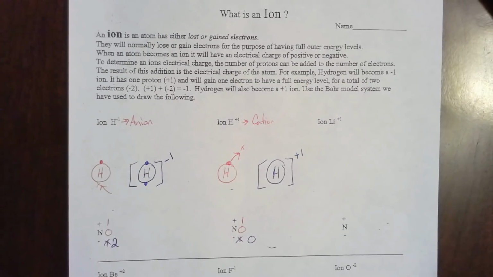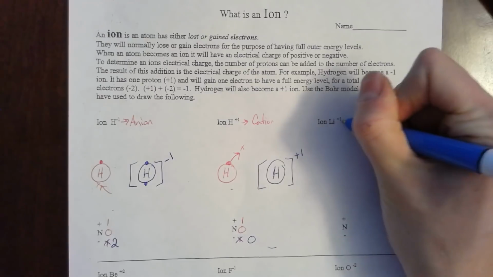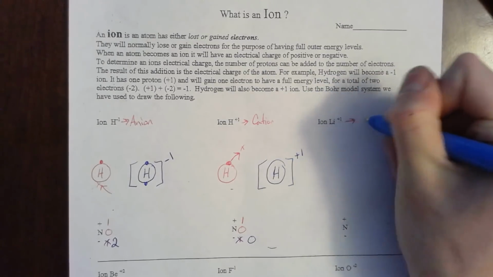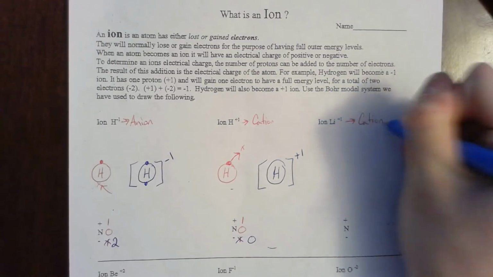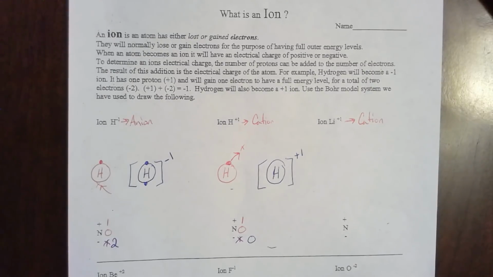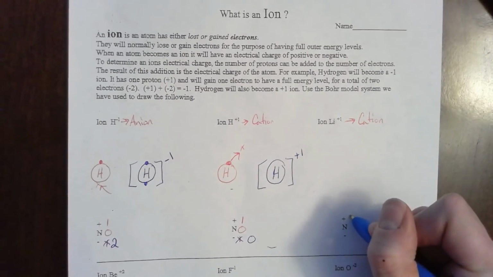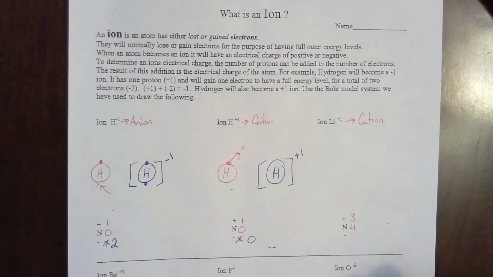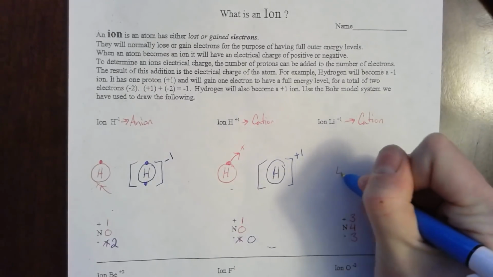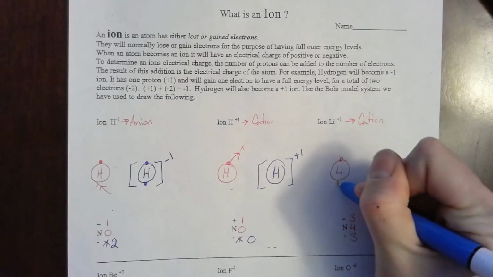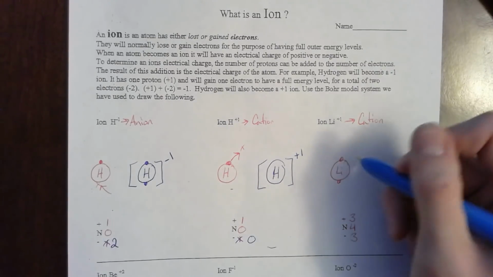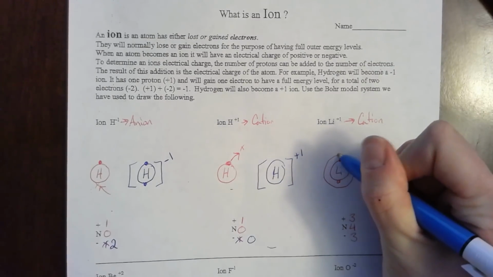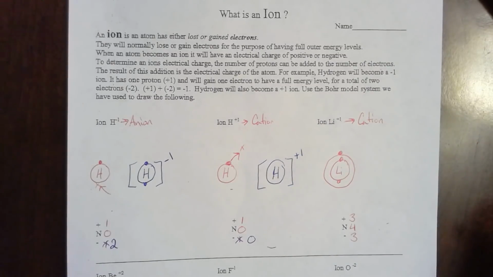Lithium. This lithium has a +1 charge. It too will form a cation. It's a metal. Now lithium's atomic number is 3, so it'll have 3 protons, 4 neutrons. That will stay the same as you traditionally find it. A normal atom of lithium has 3 electrons. So when I draw my lithium atom, it has 2 electrons in the first orbital and a 3rd electron in the second orbital.